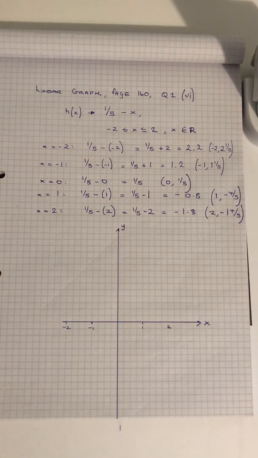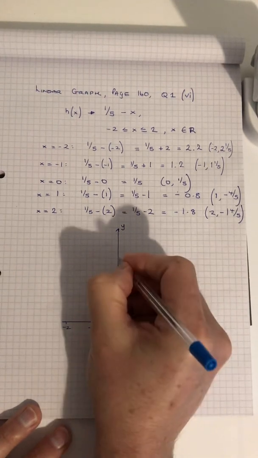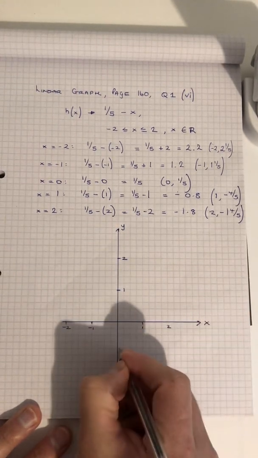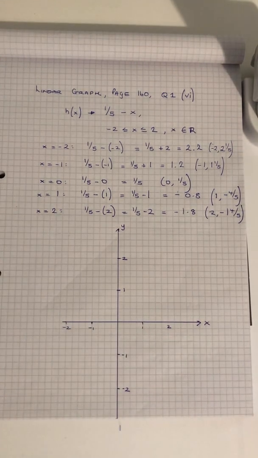And on the y-axis then, I'm going to go 1, 2, -1, -2. Okay, so I'm spreading out my graph a little bit so it's easier for you to see.